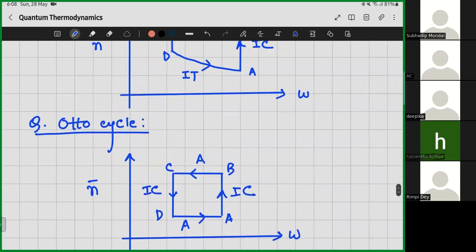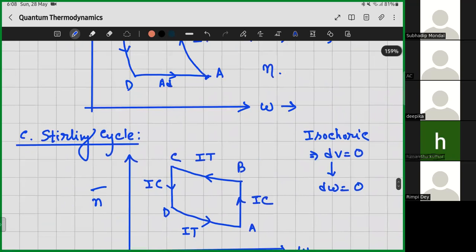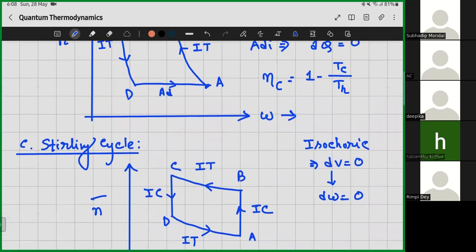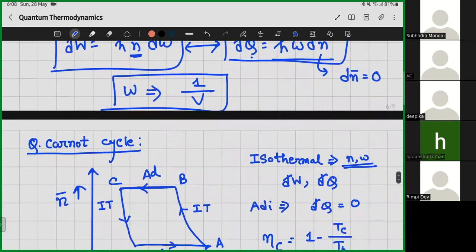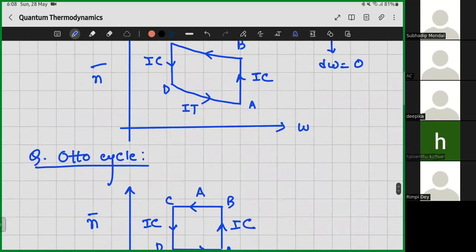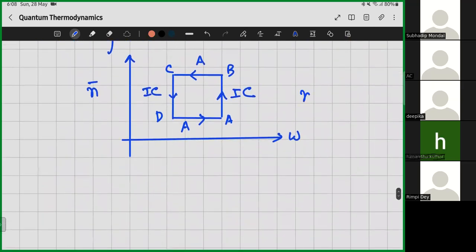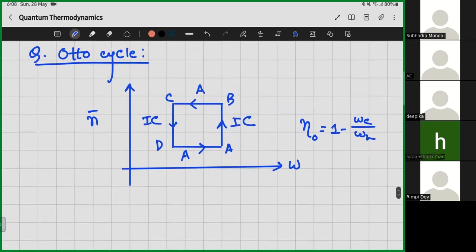The efficiency for the quantum Carnot cycle will be similar to that of the normal thermodynamic cycle. For the Stirling cycle it is difficult to find the efficiency, but for the Otto cycle and the Carnot cycle we can write it. For the Otto cycle, the efficiency is omega c minus omega e. These definitions are not very difficult, and we can derive them.